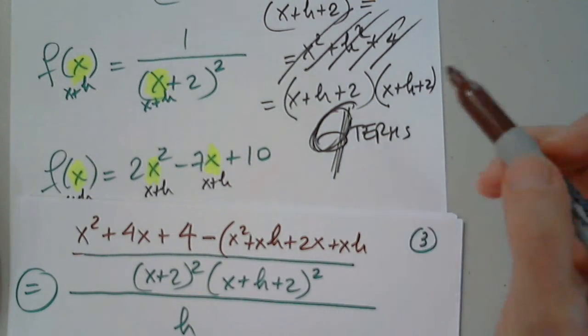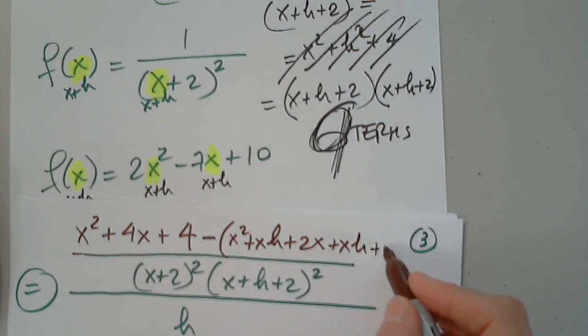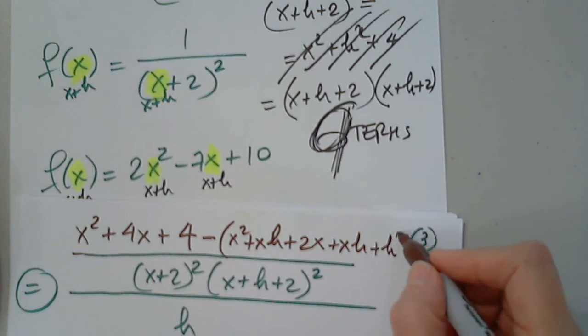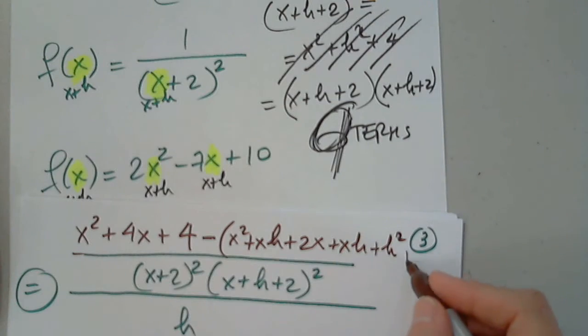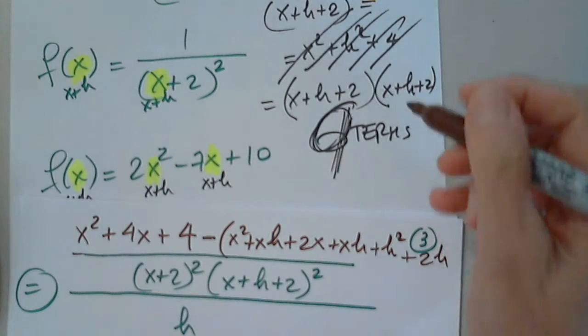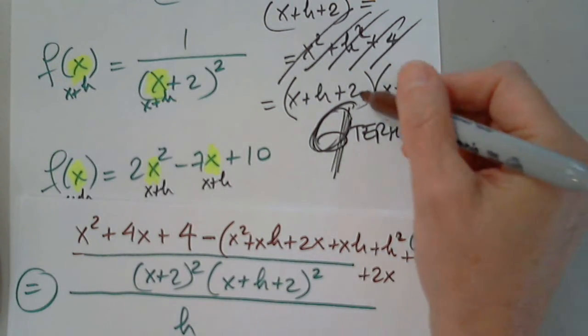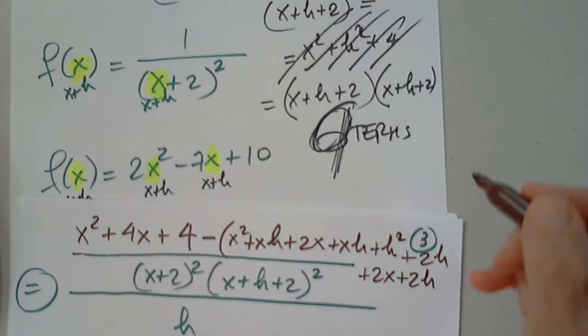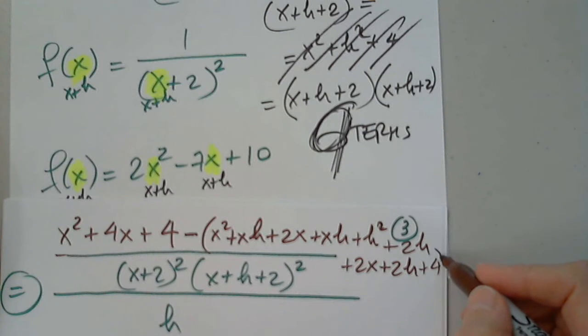Watch me run out of room. h times h. h times 2. 2 times x. 2 times h. And then 4. Close the parenthesis.